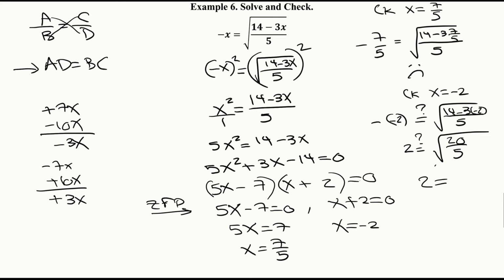So we want to know if 2 is the square root of 4, and of course the square root of 4 is 2. So we get 2 equals 2, and this one works out. So again, highlighting how important it is to check these solutions. And the solution that works is x equals -2.